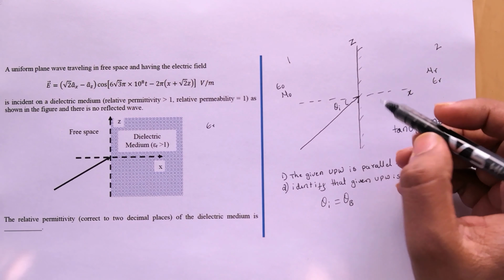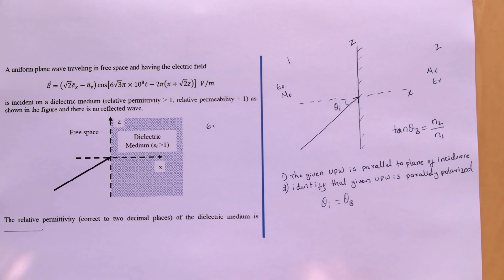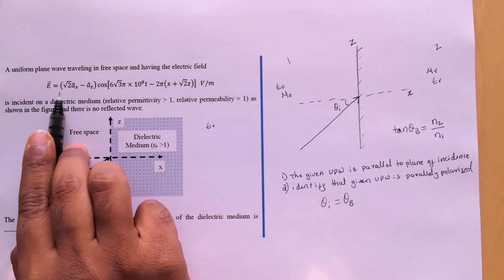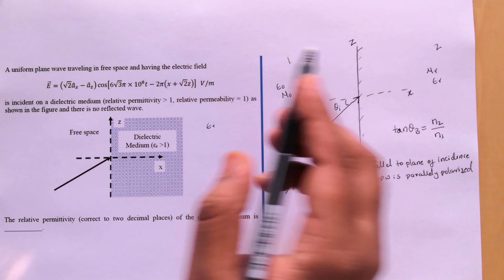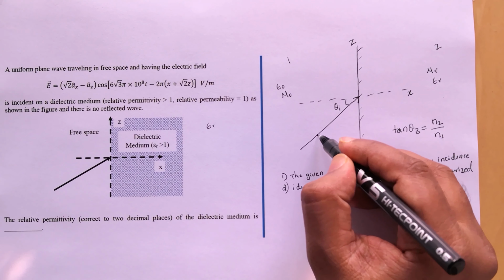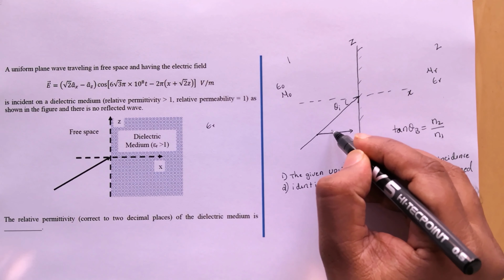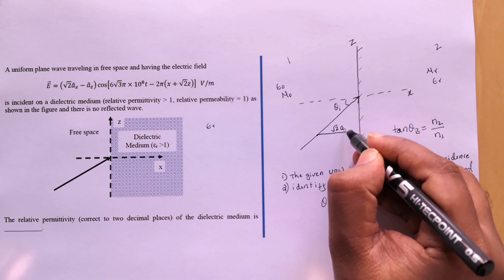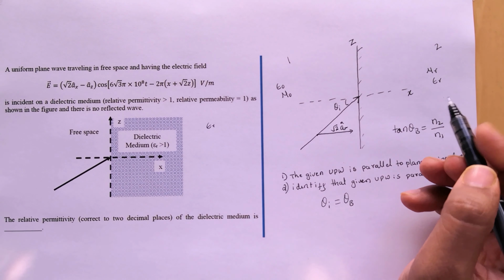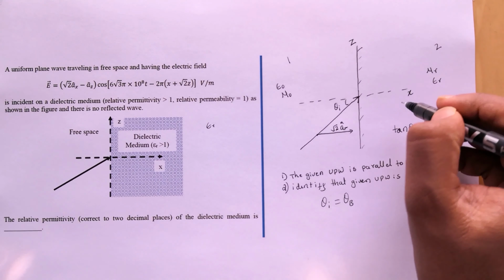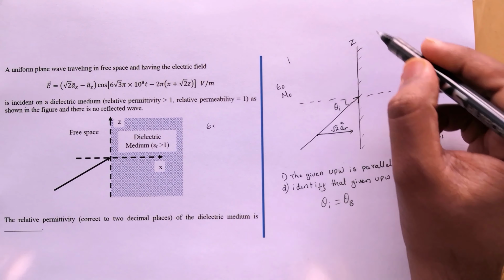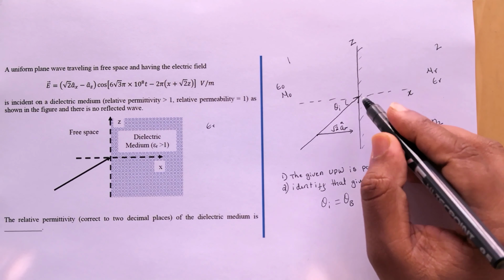So let's just draw these components on the schematic. What we have here is the electric field with magnitude root 2 ax, so let's say this is root 2 ax, and there is minus az. Since x is in the positive direction and z is in the positive direction, minus z will be in this direction.